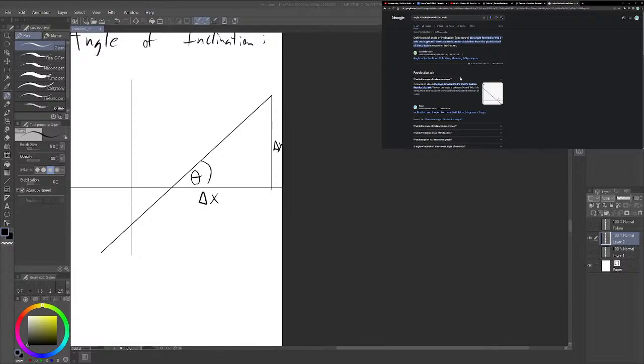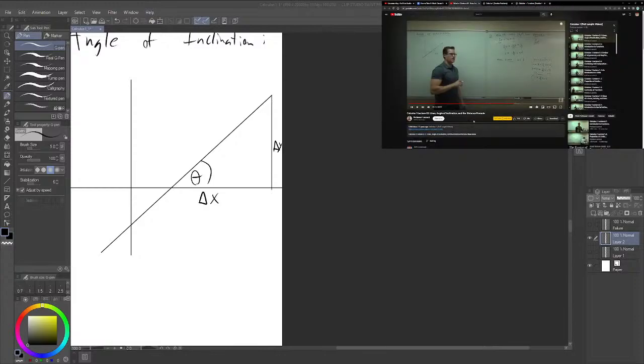The angle between the line and the positive direction of the x-axis. Okay. So it is kind of what I thought. It's only on the right or the positive side.